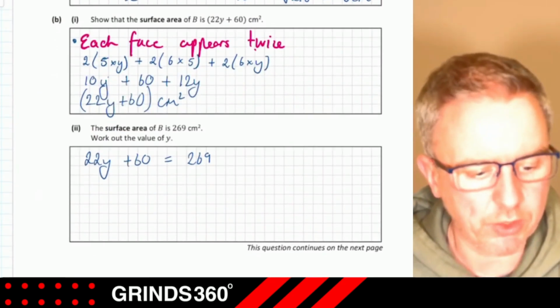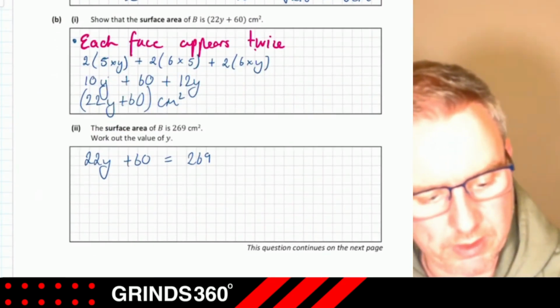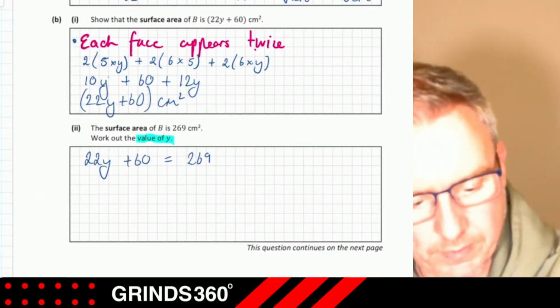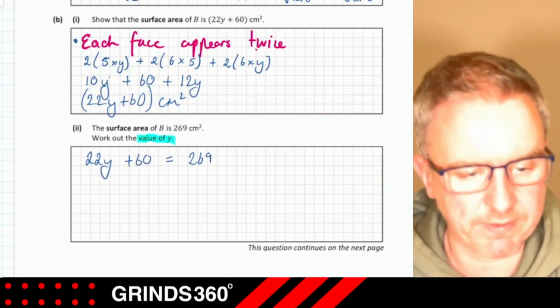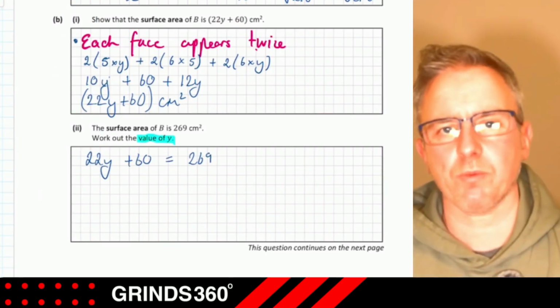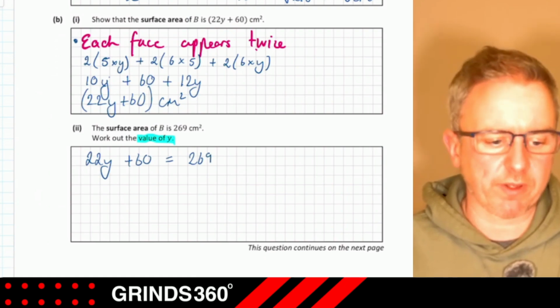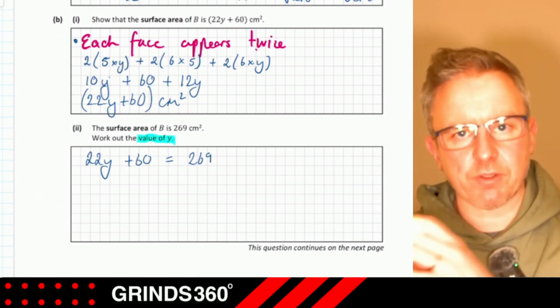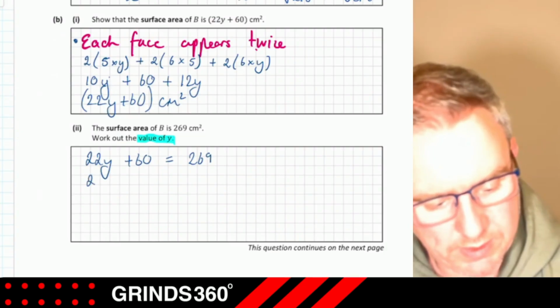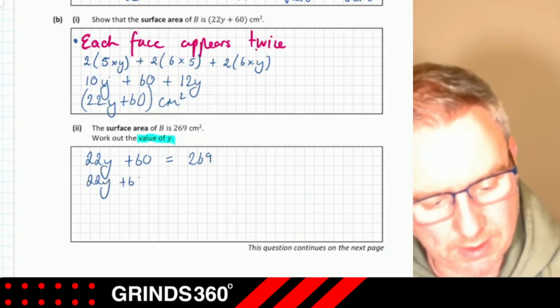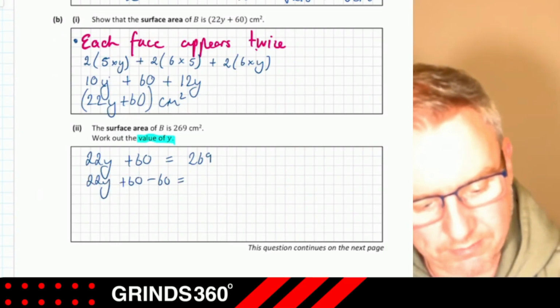Now, you're trying to find the value of y, so you're getting y on its own. So I need to get rid of the numbers on the left hand side. So whatever method your teacher might be using with you there, they might say letters on the left, numbers on the right, okay? So 22y, you don't want that 60 there, so you're going to subtract 60 from each side.